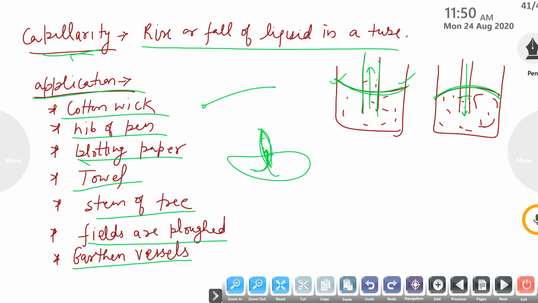Earthen vessels, मिट्टी के घड़े, always keep water cold due to tiny holes in the earthen vessels. The heat inside the vessel slowly washes out into the atmosphere, and only the cold water remains inside the vessel.